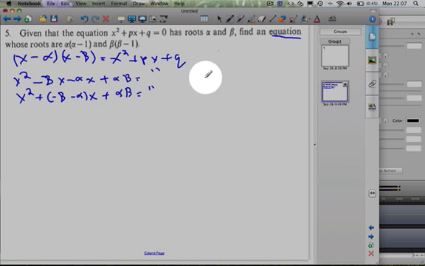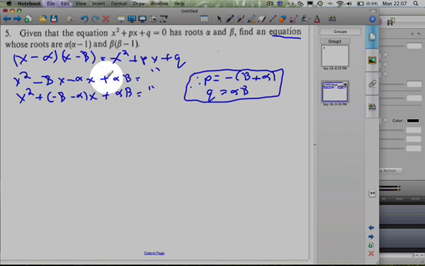And from here you can see, therefore, p is equal to minus alpha plus beta, and q is equal to alpha beta. Okay, we're going to need to use this information later on.